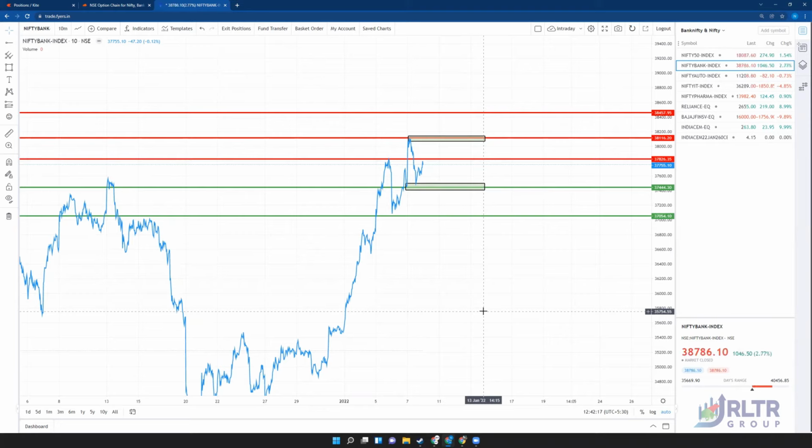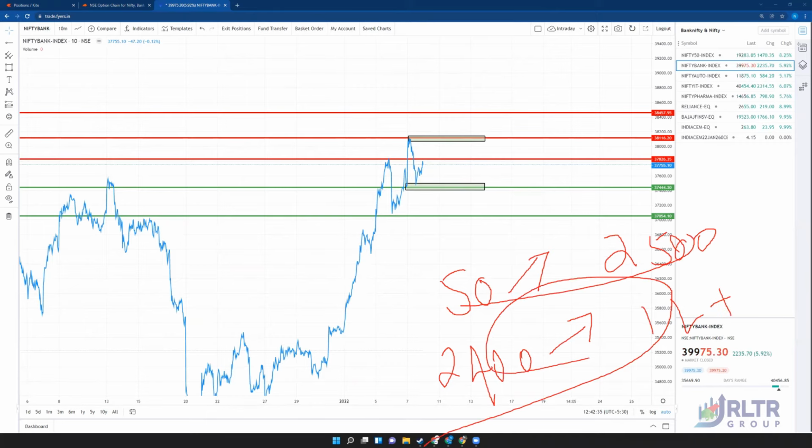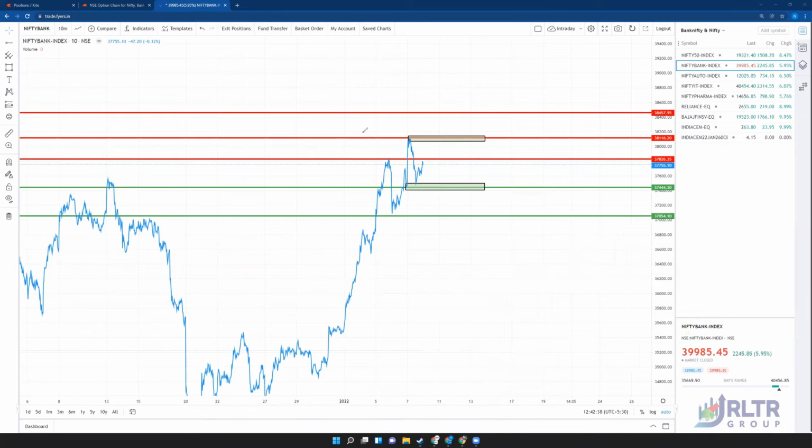If I have 50 quantity and I get around 50 points in Bank Nifty, I make 2,500. If I have 2,400 quantity and make the same 50 points, I will make 1 lakh plus. The calculation is very simple, but first you need to learn how to make that 50 points, and that is the most important thing you need to understand.